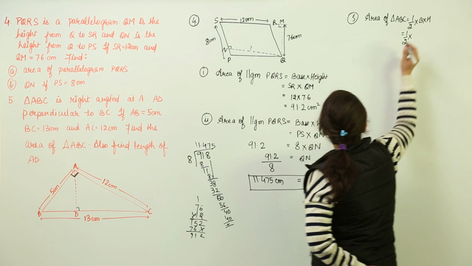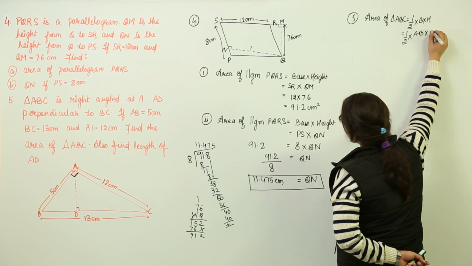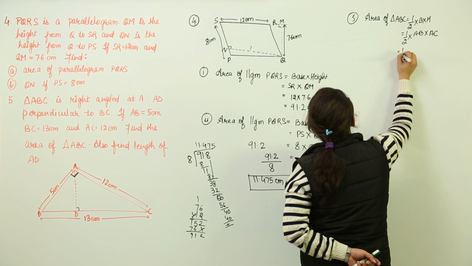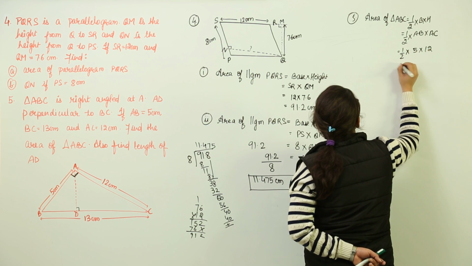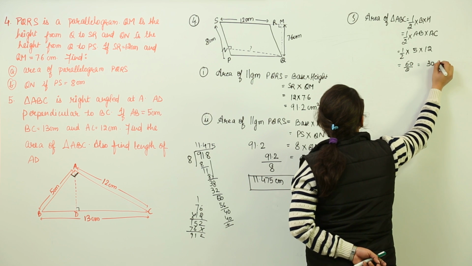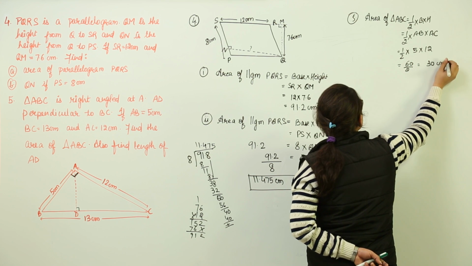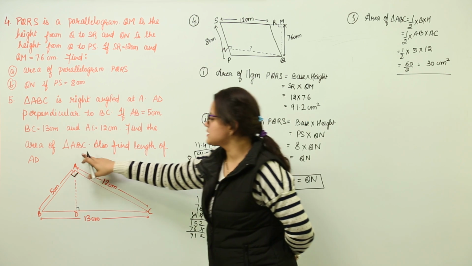So I can write here that the base AB has height AC. So now we'll put the values. AB is 5 and AC is 12. So we get 12 fives are 60 over 2, giving us 30 centimeters square. Now this was the area to be found in the first step.